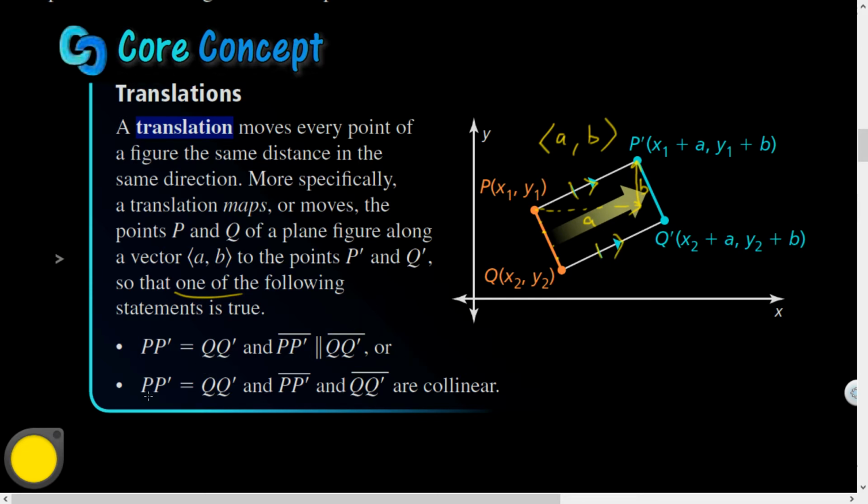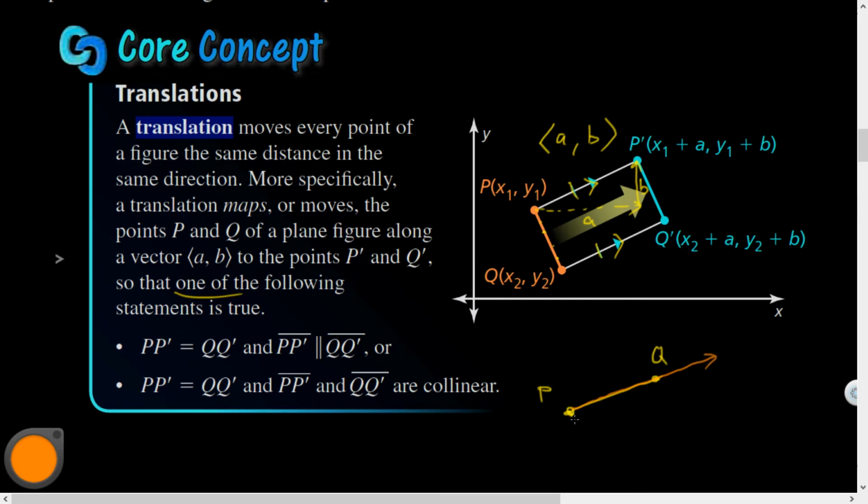Or PP prime is equal to QQ prime, which is what we had, and P, P prime, Q, and Q prime are collinear. So that would have been if we were mapping two of the same point by the looks of things onto itself. If they were, or actually, no, because if the points that I was moving were being moved by a vector that happened to be in the same direction as those points.